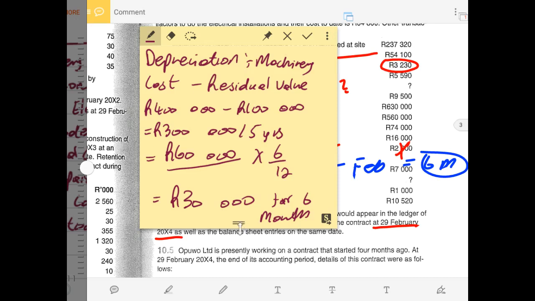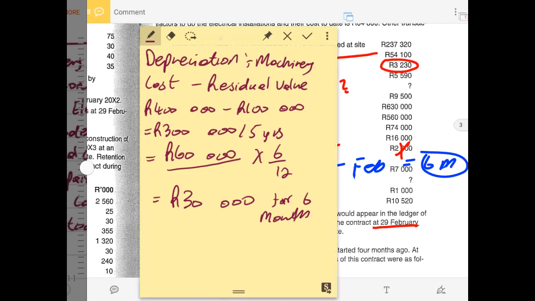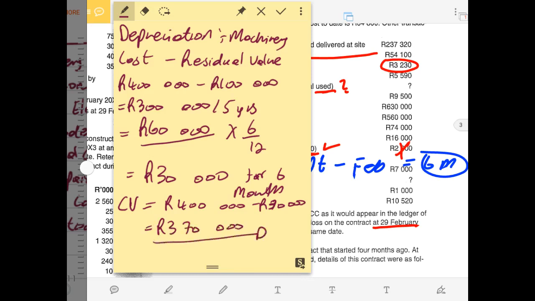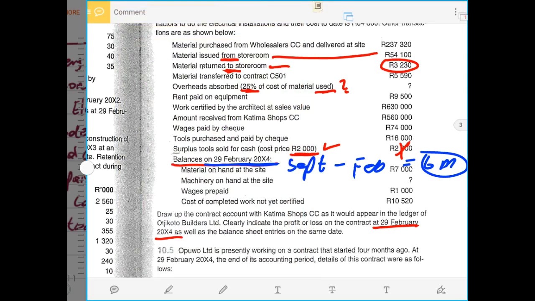Therefore now we can say cost less accumulated depreciation will give us carrying value. Therefore our carrying value will be equal to the cost of 400,000 less 30,000 rands, and this will give us 370,000 rands. So now this is the carrying value that they are looking for here with the question mark.